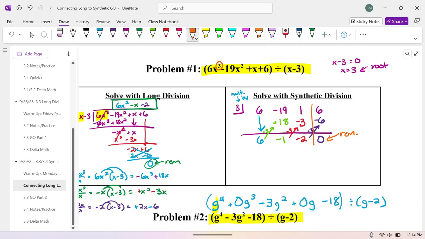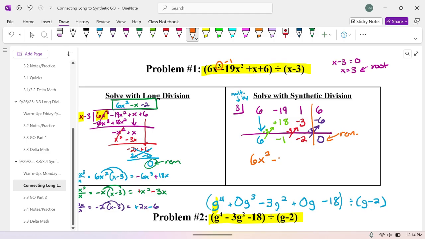All we have to do is subtract 1 from it. So 3 minus 1 is what? 2. So that means our first variable, to go with our first coefficient, the 6, will be followed by an x squared. And then from there, we go down the line.